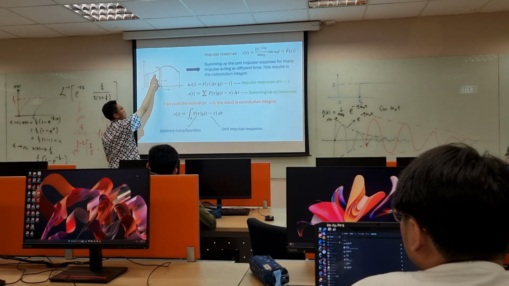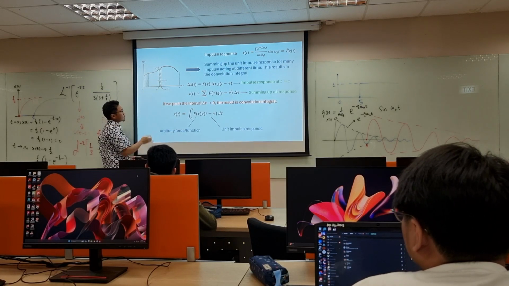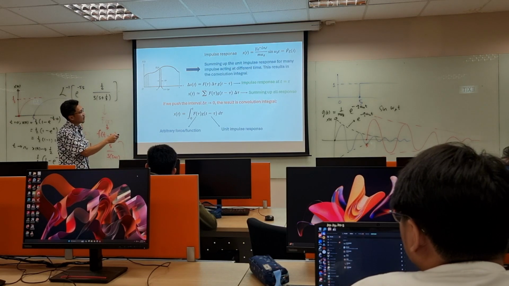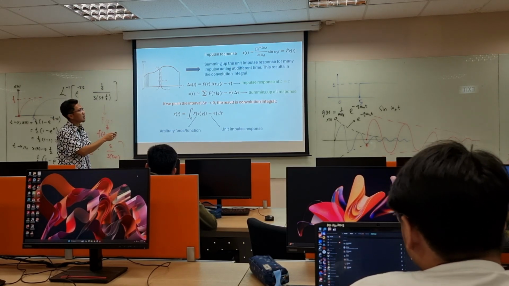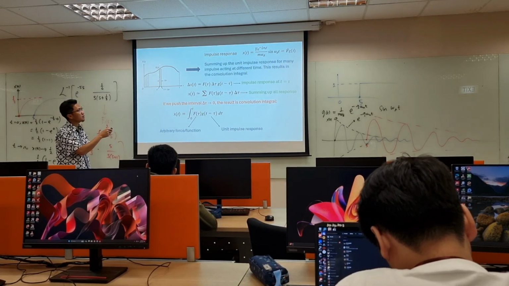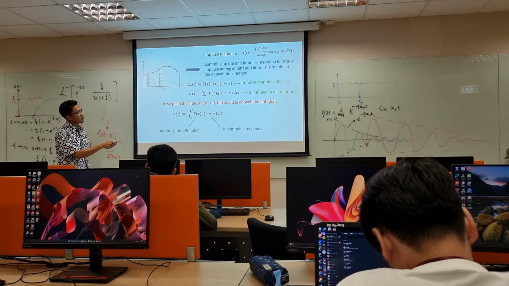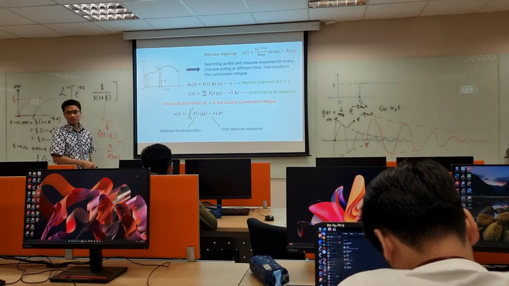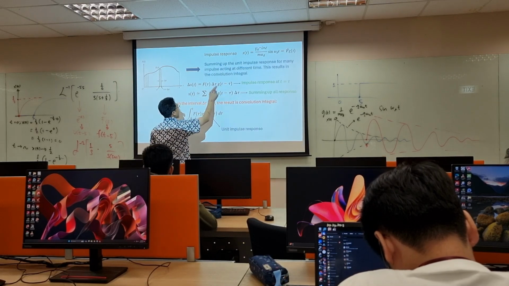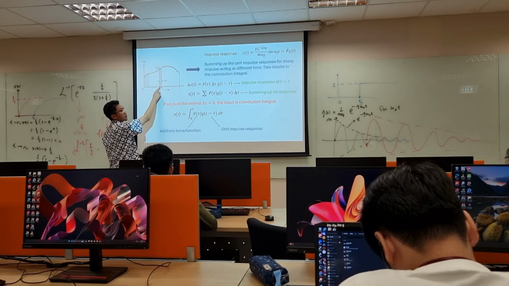And then at time t equal to tau in here, that is the illustration of f(tau) and then delta tau. This is the impulse that is given to the system, and then this will be the impulse response of the system. But this one captures only the response at this point.